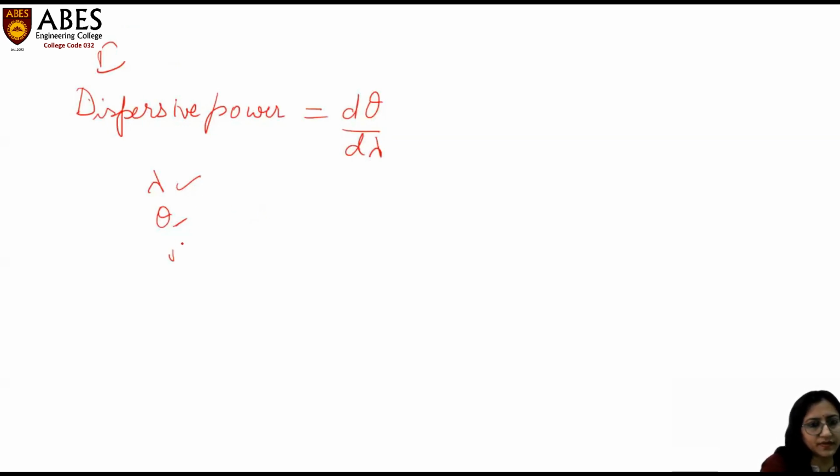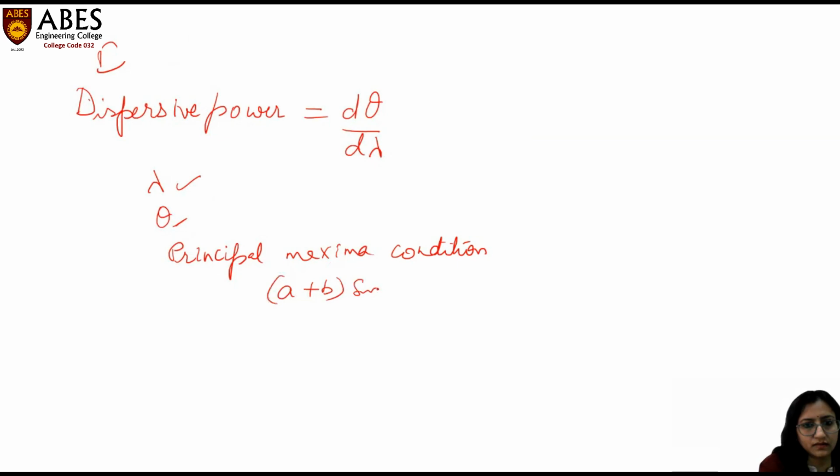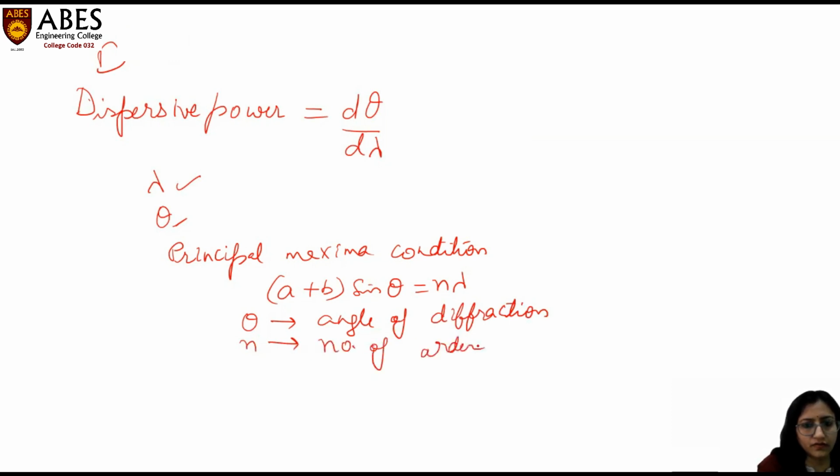The formula for the principal maxima condition at n slits is (a plus b) sine theta equals n lambda, where theta is the angle of diffraction, n is the order of the principal maxima, and a plus b is termed the grating element.